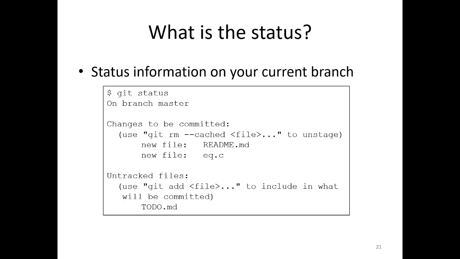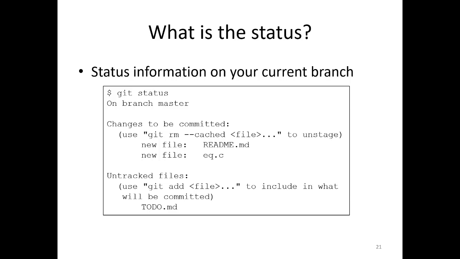So a very useful statement is git status. And that basically gives you information about what is changed and needs to be committed. And as you can see, in this case, 2 files are staged but not committed, so readme and eq.c, and there are also a number of untracked files.